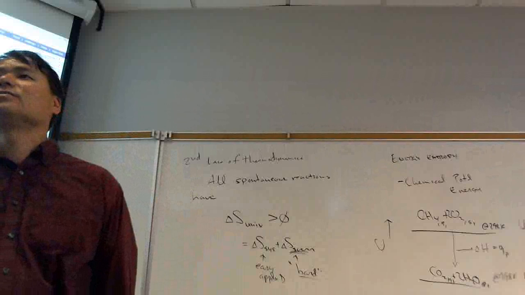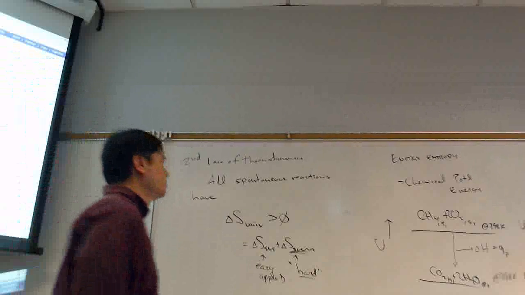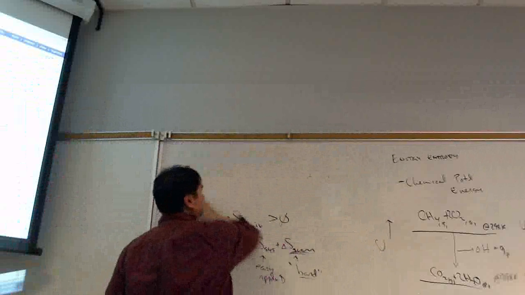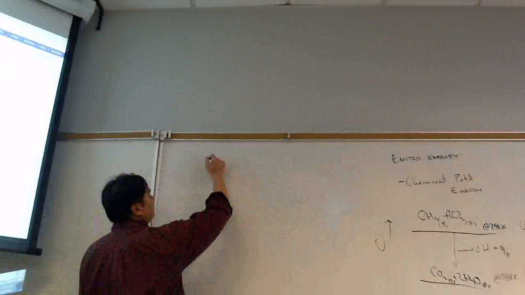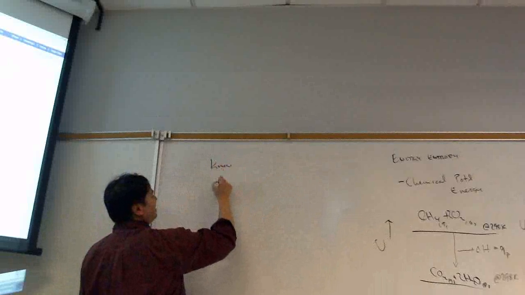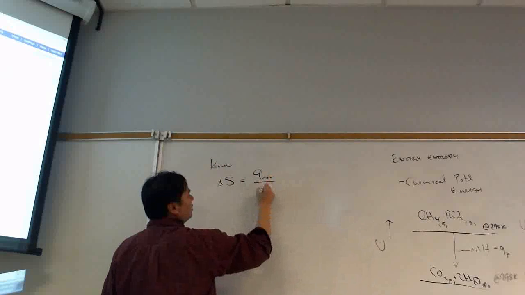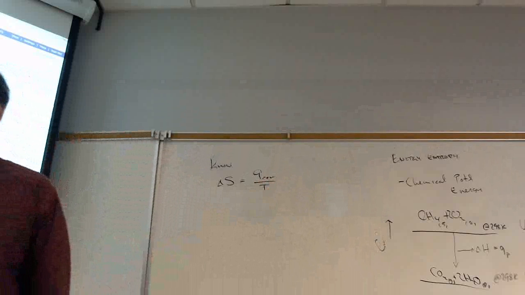Because delta S is related to, and so let's talk about this. We know that delta S is equal to Q reversible over T. And so there's some kind of heat transfer at a given temperature.